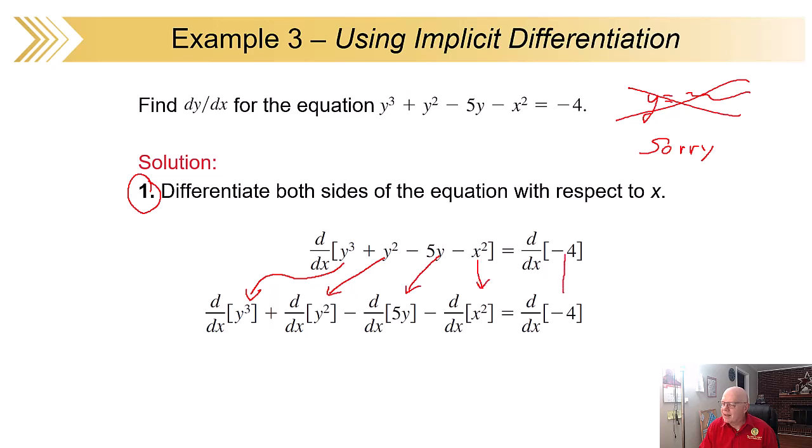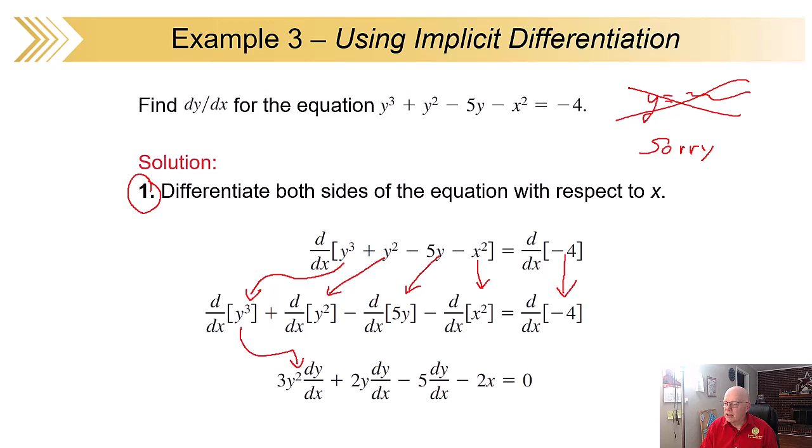We're just setting it up so that you can concentrate on the details. Now you'll actually take the derivatives of each one of those parts of the sum or difference. Next, we actually do it.